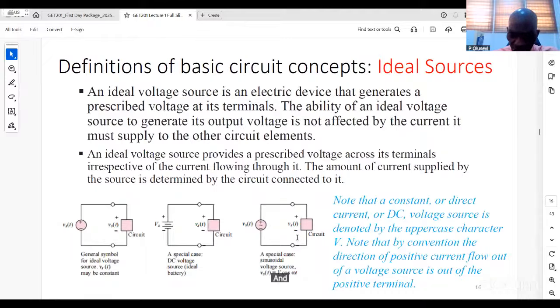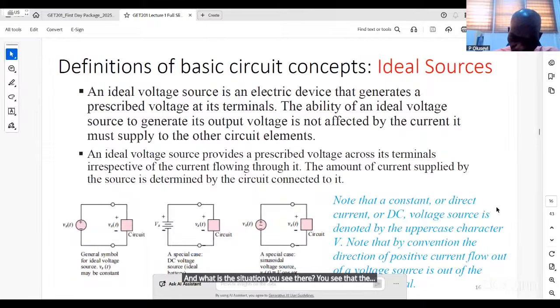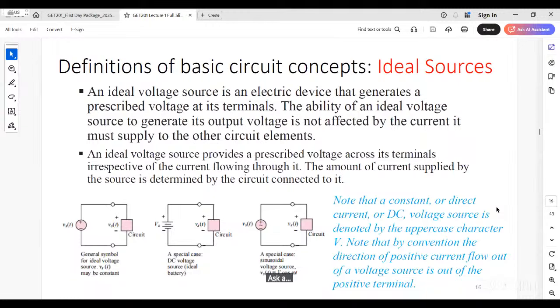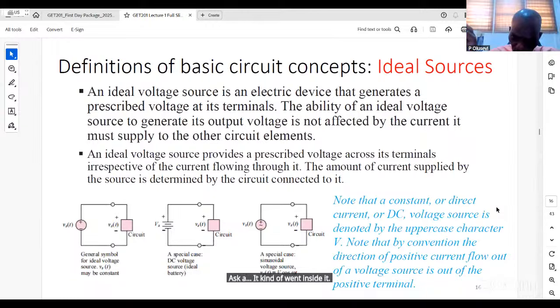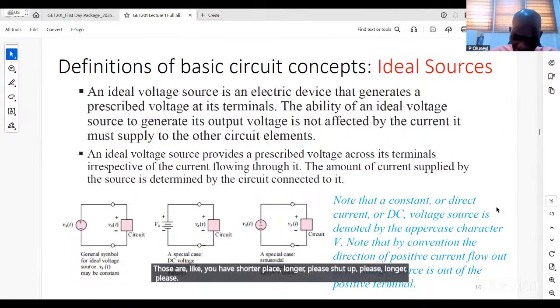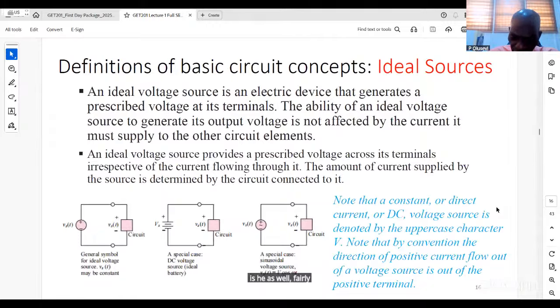What is the situation you see there? You will see that the voltage source has a kind of wave inside it between the positive and negative terminal. That waveform inside that bubble is telling us that it is AC. Just like you have shorter plate, longer plate for DC, AC can be represented with that wave that you are seeing inside it.